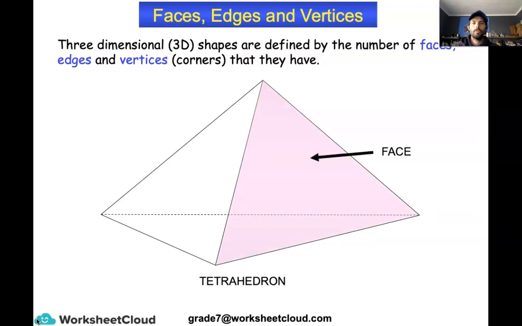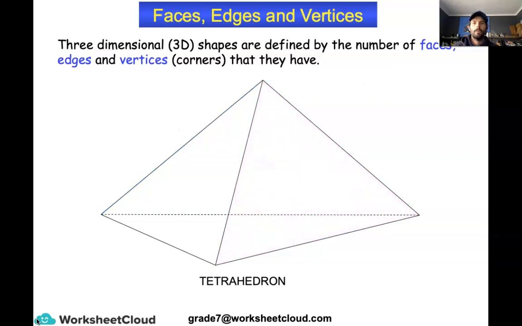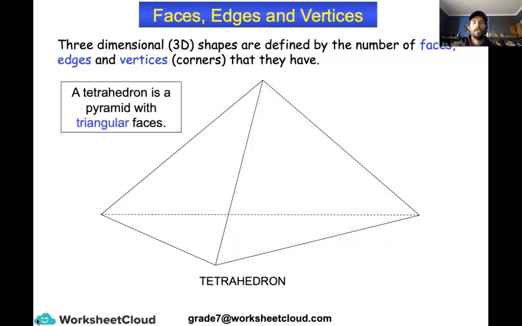So that is going to be your face. Okay, your edges are where the arrow is pointing to and the line identified in blue. And then your vertex, which is one corner, is indicated by the red dot. A tetrahedron is a pyramid with triangular faces.